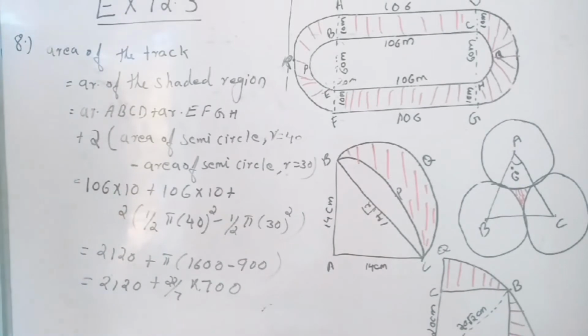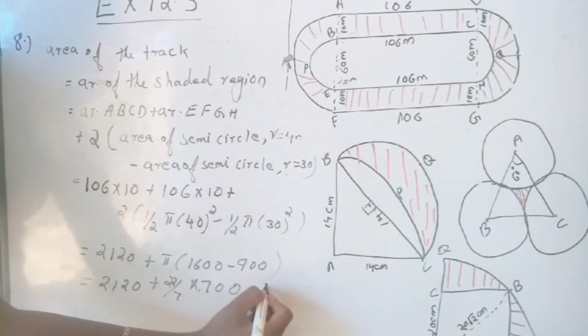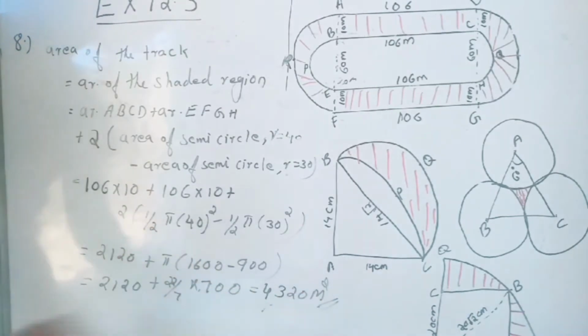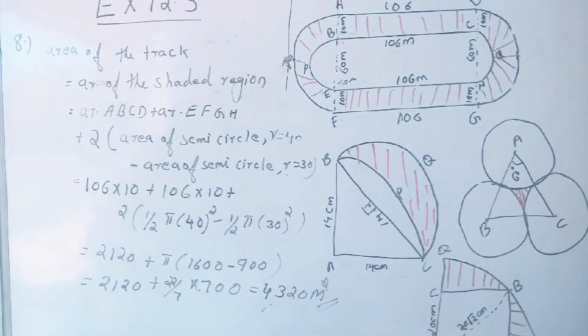After all the calculations, you will get it as 4320 meter square. Therefore, the area of the track is equal to 4320 meter square. Now, we are going to do the 10th question.